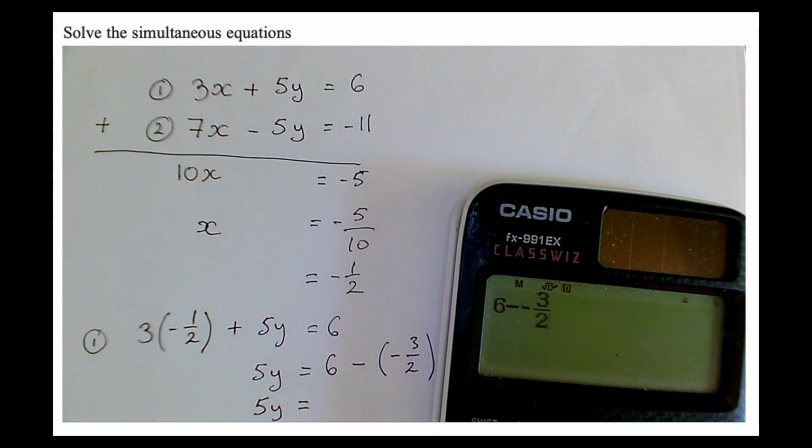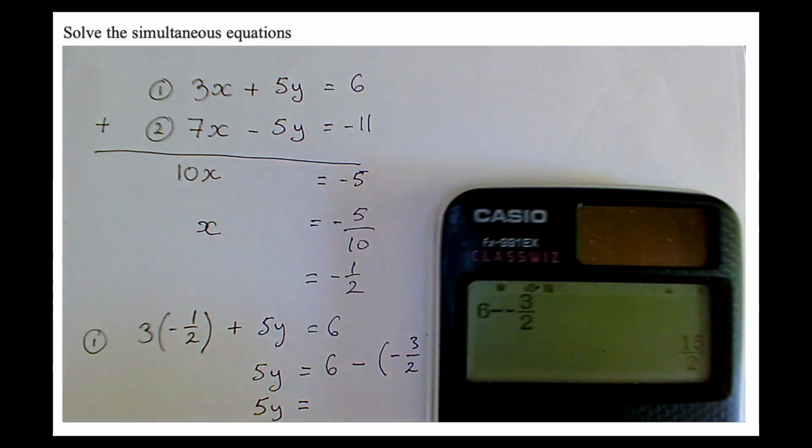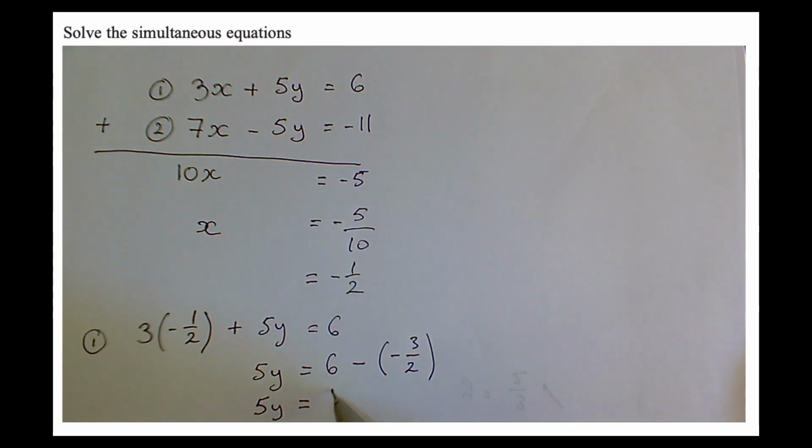And the calculator confirms to me that it does equal 15 over 2, which is the same as 7.5, of course. And if I divide both sides by 5, then 1y is going to equal 15 over 2 divided by 5, which is the same as 3 over 2.